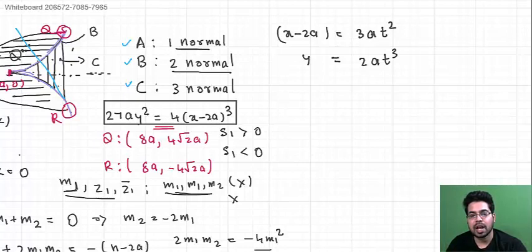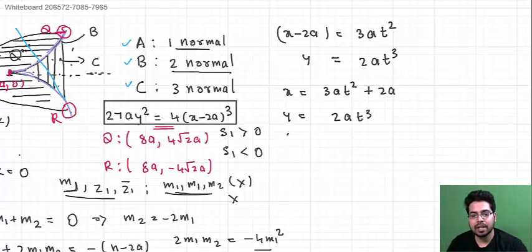So from here I am going to get x equals 3at square plus 2a, and y equals 2at cube.